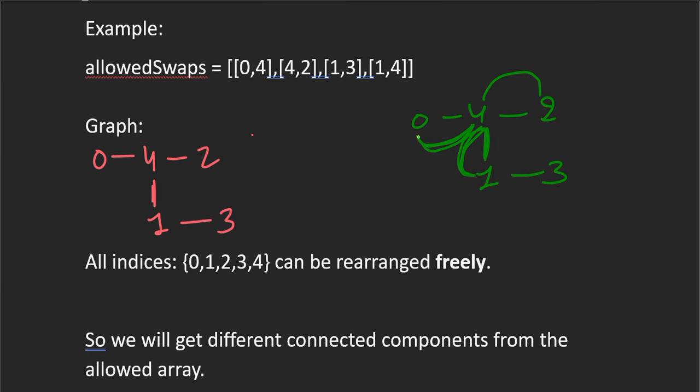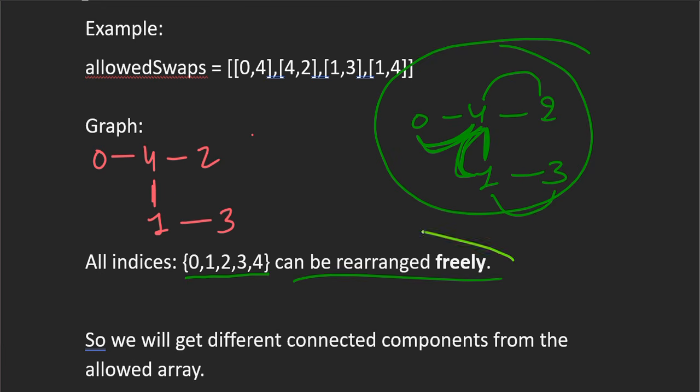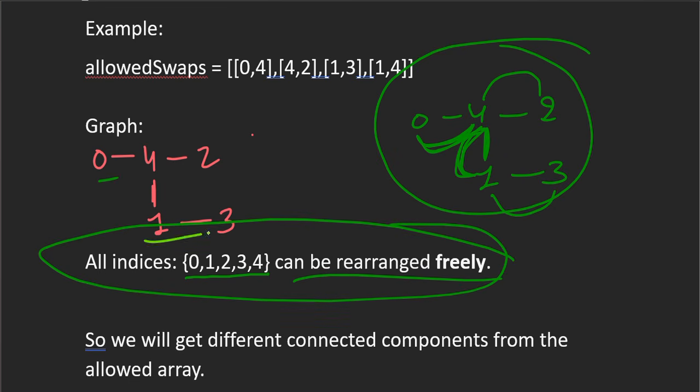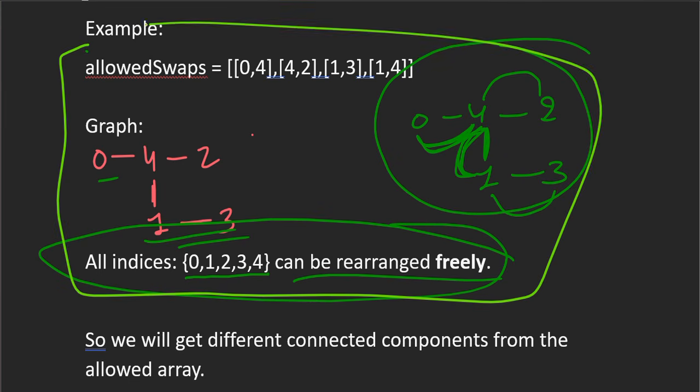Or if we can swap 0 and 4, 4 and 1, 1 and 3, that means we can swap 0 and 3. So if we see this graph, this is a connected graph. That means all the indexes 0 1 2 3 4 can be rearranged freely, right? We can rearrange these indexes freely, right?